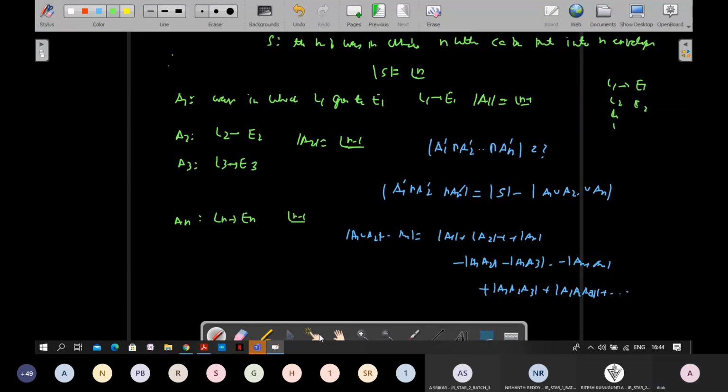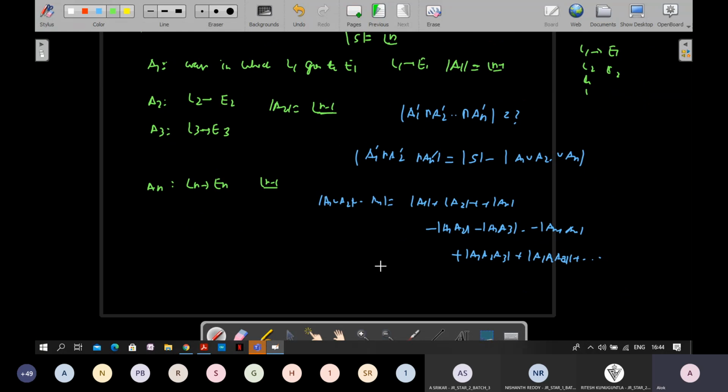So this answer becomes, because there are n choose 1 terms, n choose 1 times (n-1) factorial. This is like: in how many ways can it happen that L1 goes to E1? That is (n-1) factorial, and there are n such things, L2 goes to E2, and so on. Minus: A1∩A2 means in how many ways L1 goes to E1 and L2 also goes to E2.